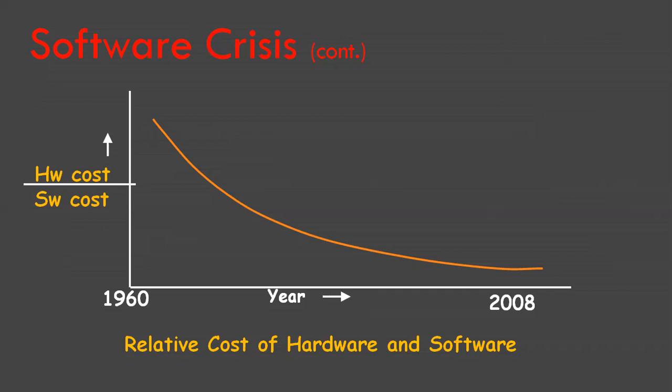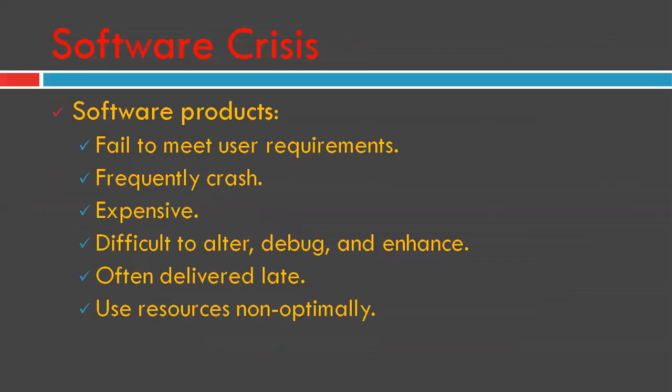Among all the symptoms of the present software crisis, the trend of increasing software cost is probably the most vexing. Not only are software products becoming progressively more expensive than hardware, but they also present a host of other problems to the customers, because software products are difficult to alter, debug, and enhance.